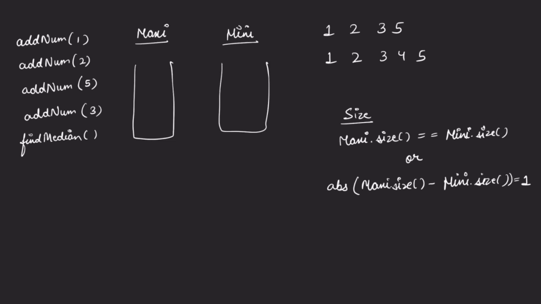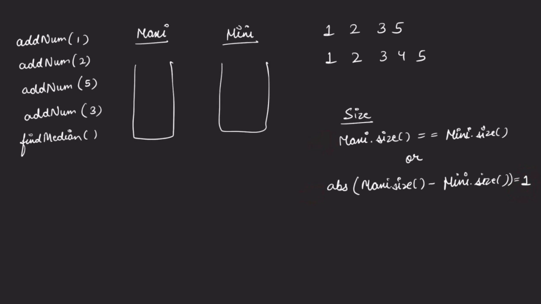So basically my 2 heaps are either going to have the same number of elements or one of them will have one extra. So if in any case either heap has more than one extra element compared to the other heap, then we will balance their sizes, right?